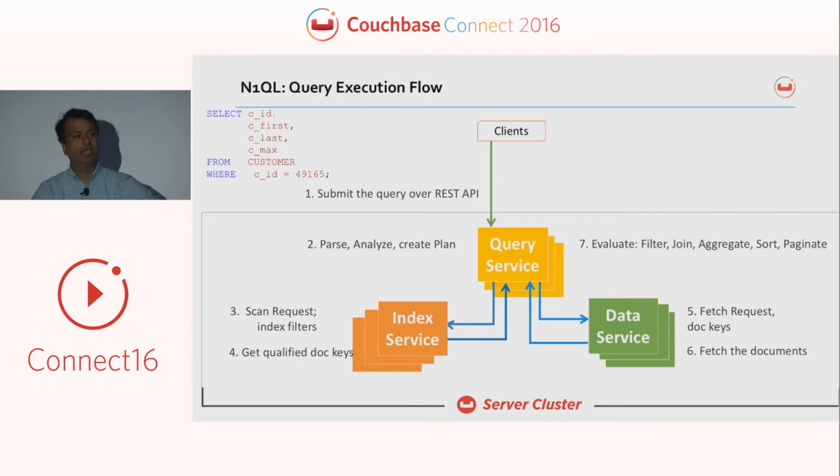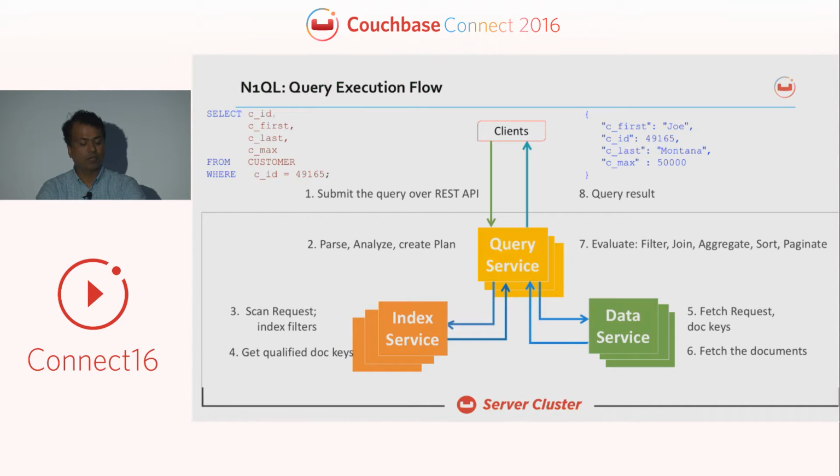For joins, when we require additional data, we go back to the data service, get the data, do the join, aggregate, sort, and finally paginate before we send the results to the application.